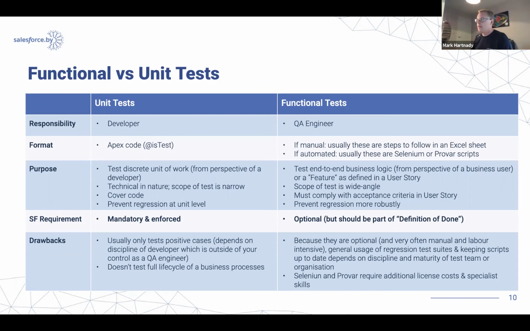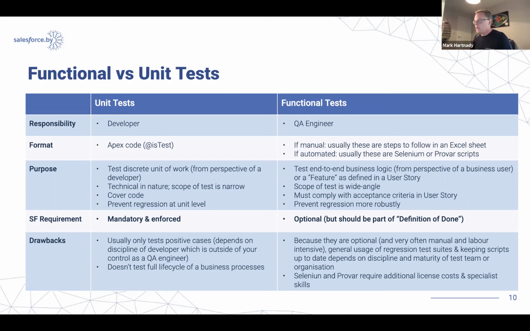In a scripted language, and they're there to test end-to-end business logic, and they're written from the perspective of a user. They are not technical in nature; they are business-oriented in nature. Okay, the scope of testing is wide angle, and they must comply with the acceptance criteria in a user story, and they prevent regression more robustly. Now, because they're optional and very often manual and labor-intensive, the usage of regression tests and the maturity of regression test suites very much depends upon the discipline of a QA team and the resource that a business has to spend on that QA team.